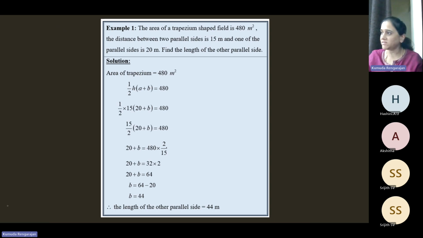It comes to the other side as 2 by 15. You can simplify: 15 times 32 is 480, and 32 into 2 is 64. So 20 plus B is 64. B is 64 minus 20. B is 44. So the other parallel side is 44 meters.